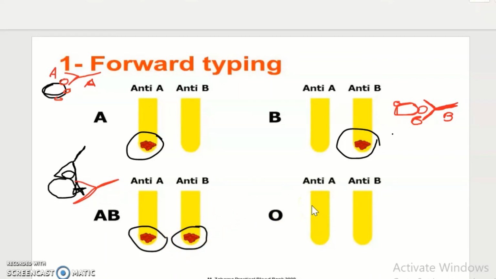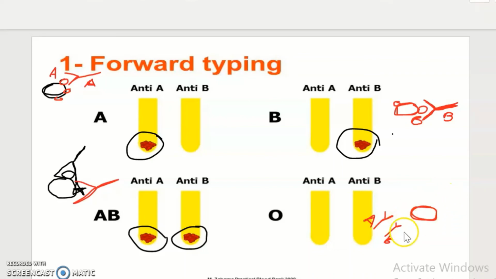And in O blood group, the person doesn't have any antigen, doesn't have A or B antigen on their red cell surface, and when you add anti-A and anti-B antibody, these antibodies are not directed towards any antigen, as there is no antigen on the red cell surface.